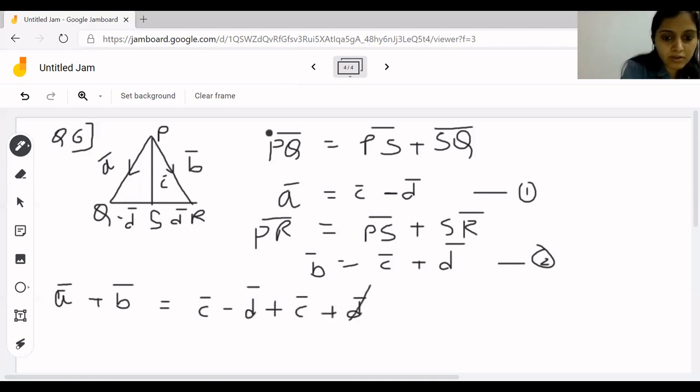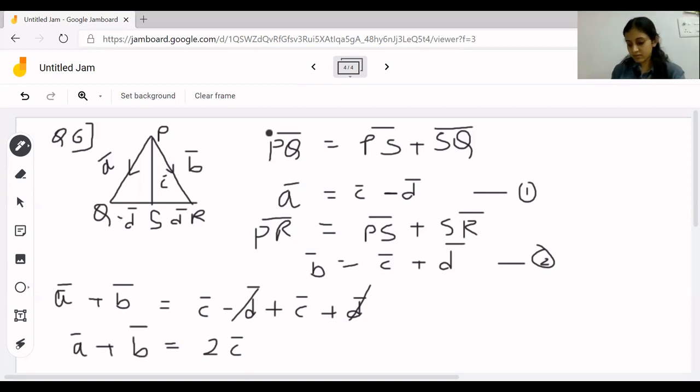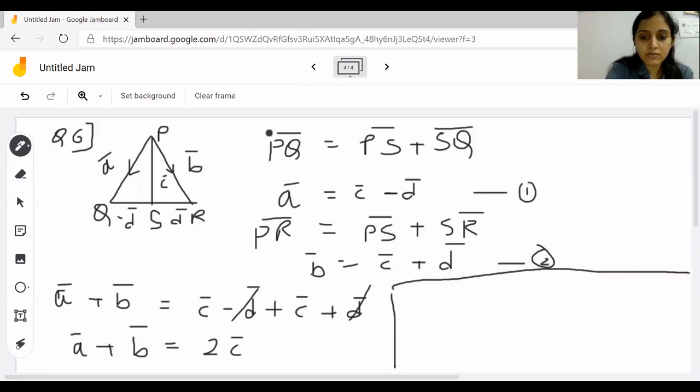So the D bar vector cancels out, and we have 2C bar. Therefore, C bar is equal to 1 upon 2 times A bar plus B bar.